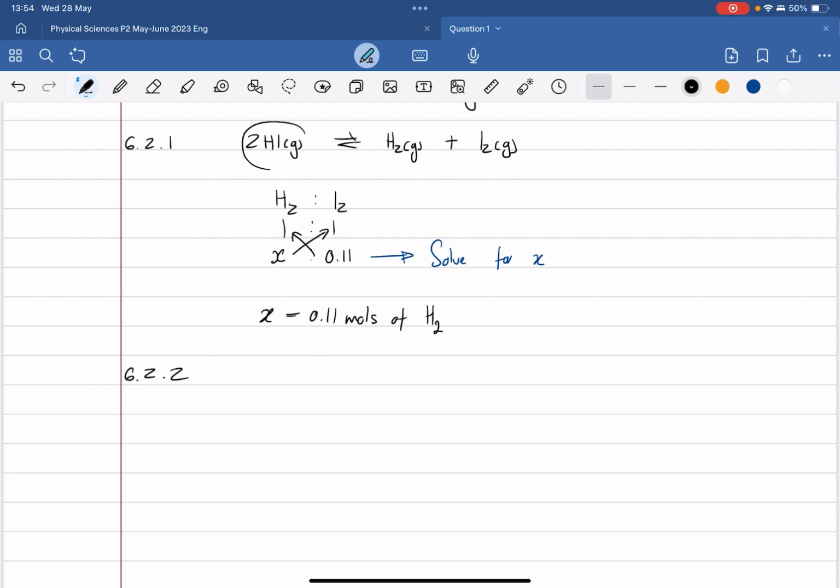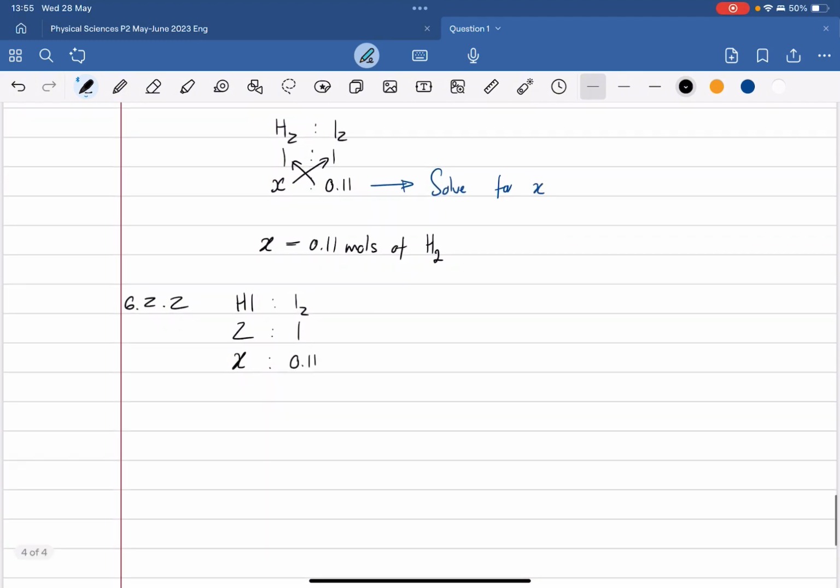We're going to follow a similar fashion for the number of moles of the hydrogen iodide at equilibrium. So you've got hydrogen iodide is to iodine. You've got X, that's what you're looking for. The ratio first is 2 to 1, and X is the number of moles of the hydrogen iodide, and at equilibrium you've got 0.11, that's the number of moles of iodine.